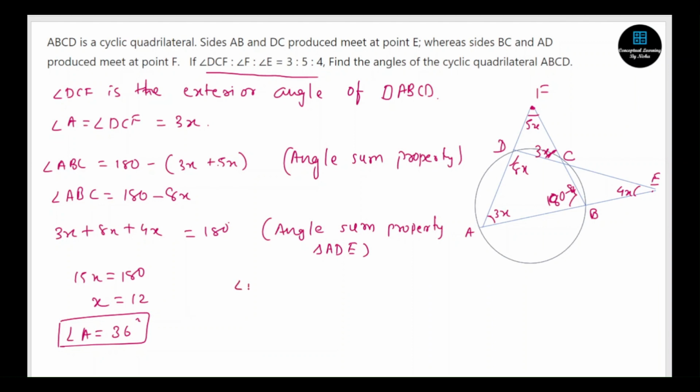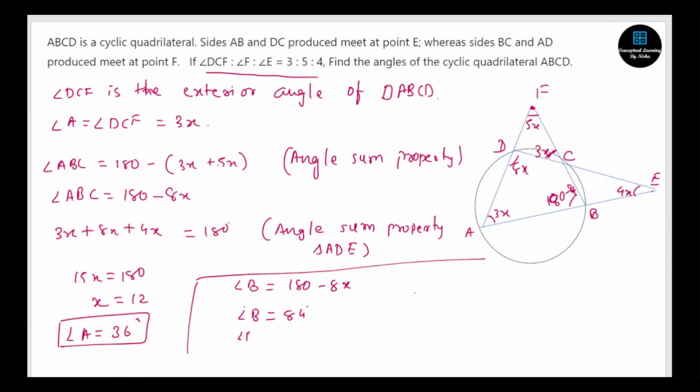Now angle B equals 180 minus 8x. On simplifying, angle B equals 84.